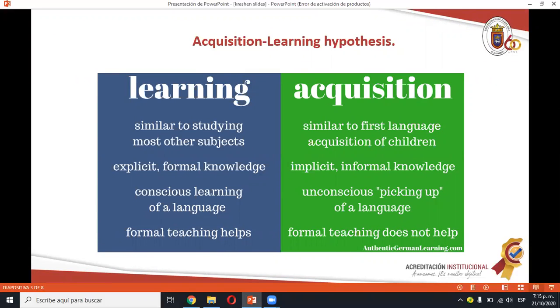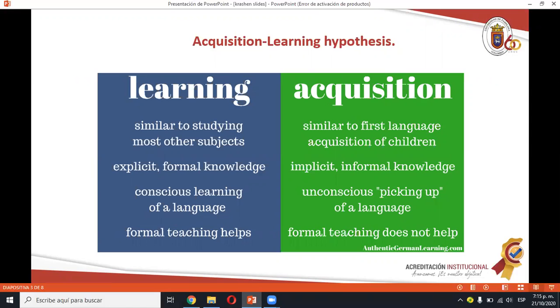When we talk about the acquisition-learning hypothesis, we need to specify what is acquisition and what is learning. Because learning a language is related to conscious knowledge that we acquire by learning the structures and rules of a language. For example, the grammar rules that we need to learn in order to use the language properly.